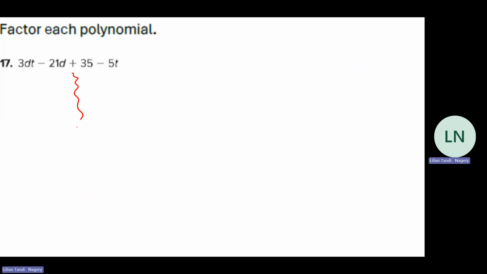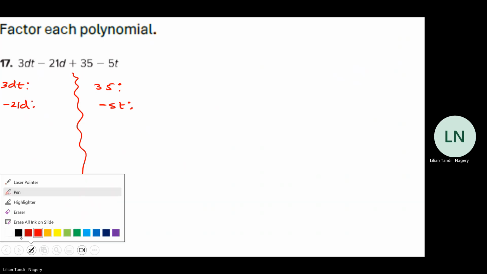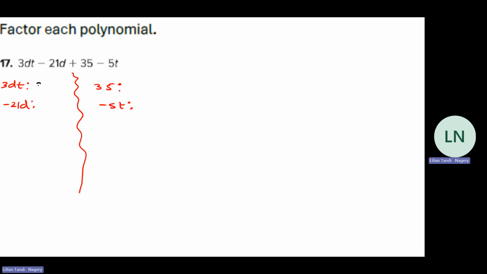Okay, we do the same thing. We're going to do 3dt minus 21d. You're going to do 35 minus 5t. Three times d times t. 21, so negative 1. 21 will be 3 times 7, and both of them are prime.